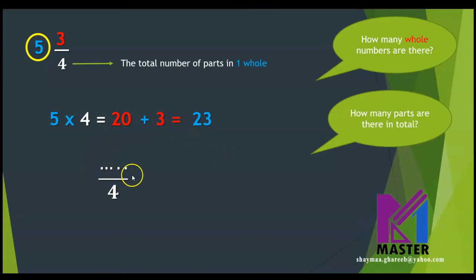Now, what about the number up, which is the total number of parts? Please, I want you to know the difference between the total number of parts in the one whole and the total number of parts in the whole number, all of it. So now I can write this mixed number as 23 over 4 or 23/4. Is this okay?